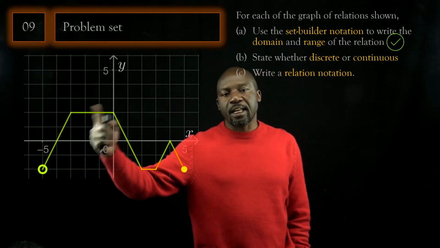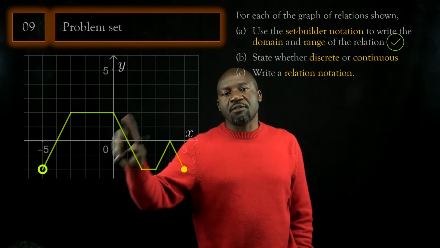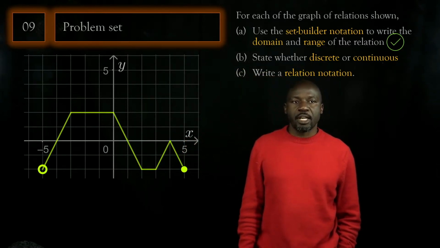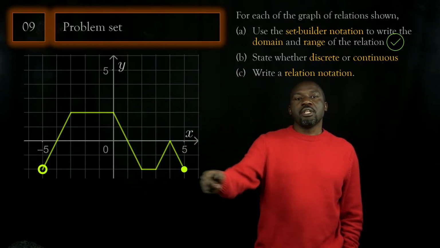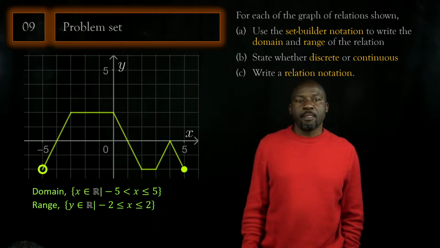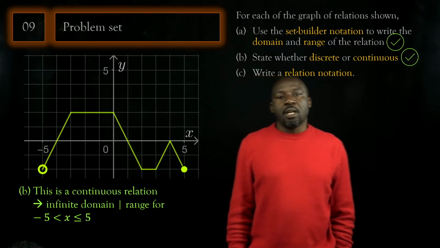So if we see a line like this, it means a relation is continuous. If a relation is represented on a graph by points, then we know that relation is discrete. So we'll not waste time here. This is a continuous relation.